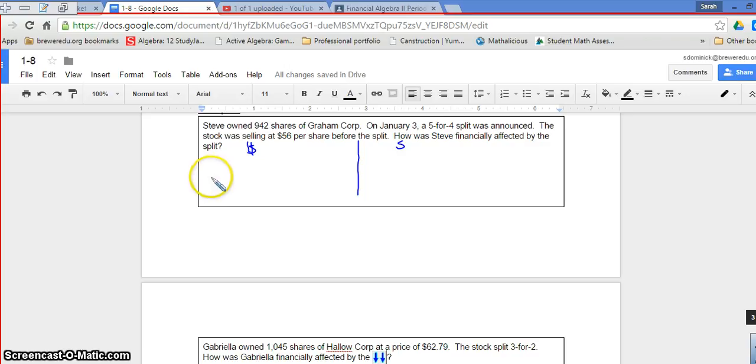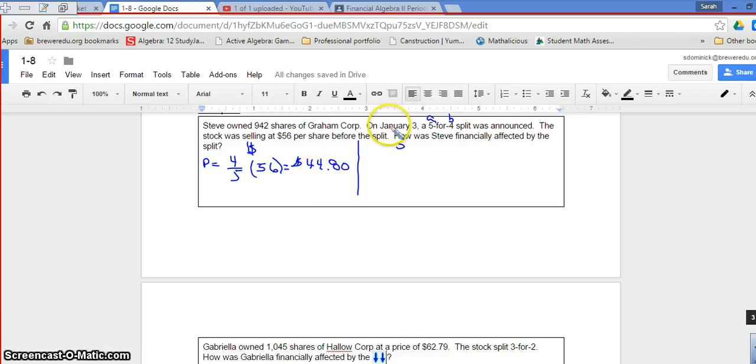For money, remember this is your A, this is your B. Your formula for the price is going to be B over A, so for us it's 4 over 5 times the price, so 56. If you do that out, you get each share was $44.80.